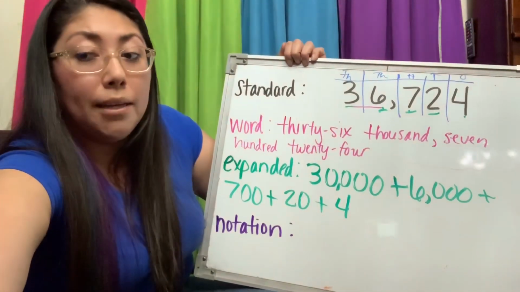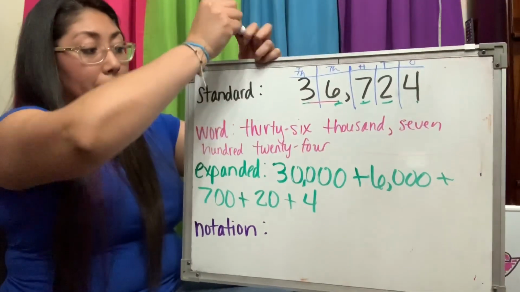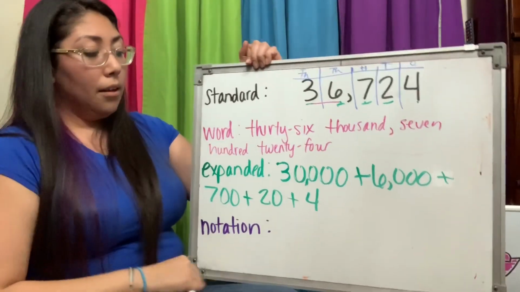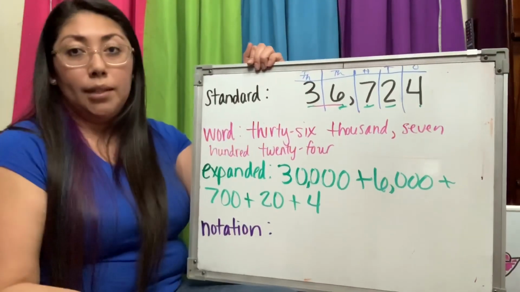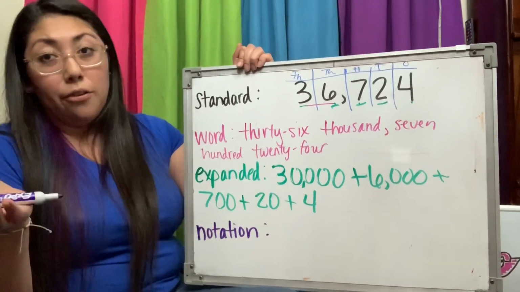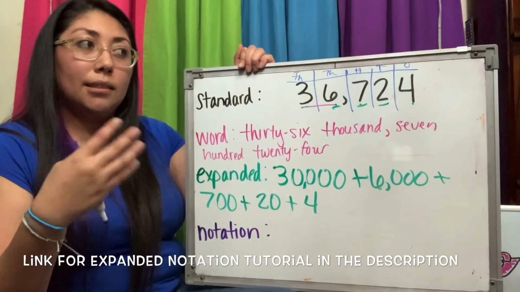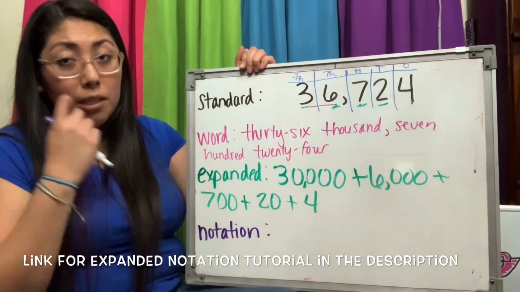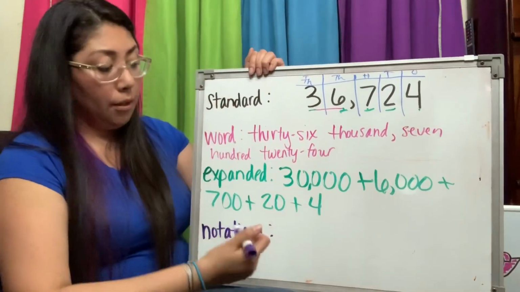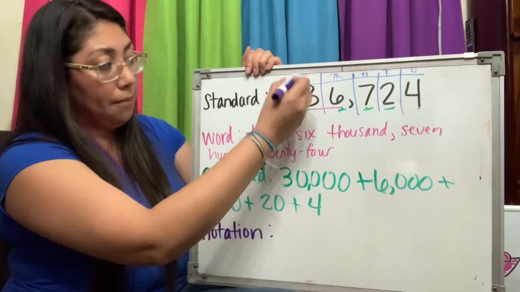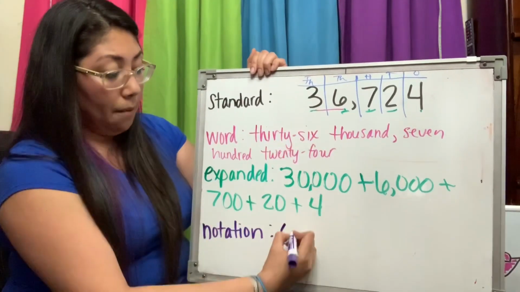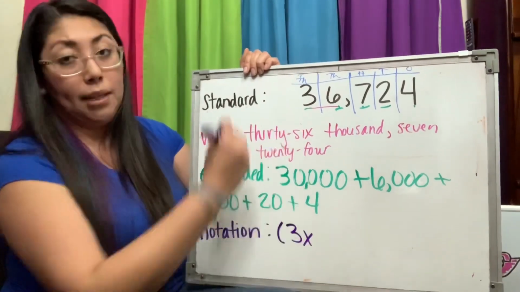Now with expanded notation, remember that is similar to expanded form. However, you are separating each place using parentheses. There is another YouTube video explaining the similarities and differences between expanded form and expanded notation and how to do notations, but I'm just going to show you the example real quickly. If I have 3 in my 10,000s, I'm going to use my parentheses and write down my digit 3 times its place.